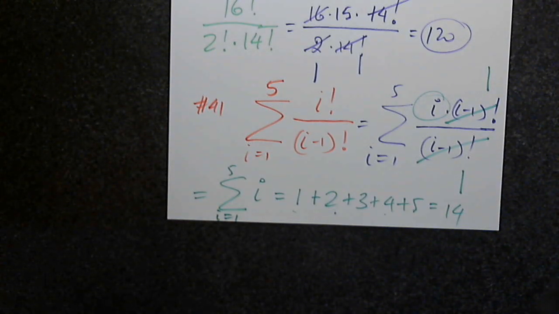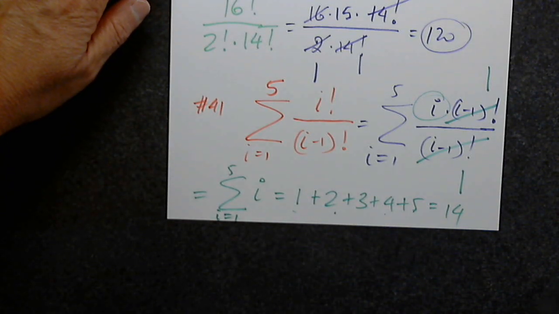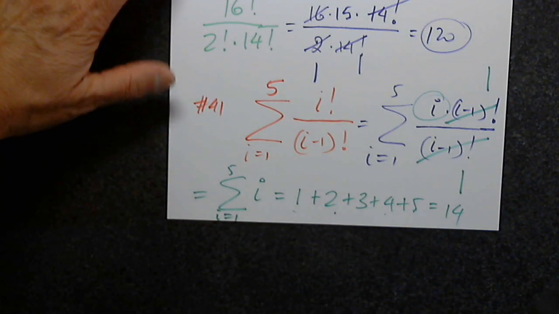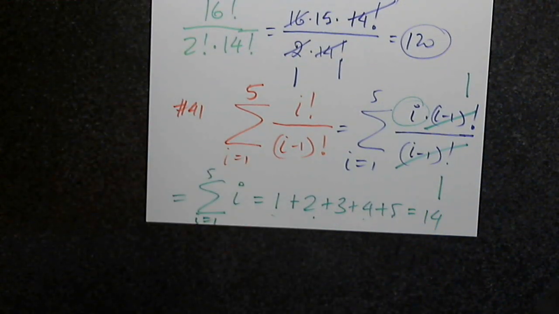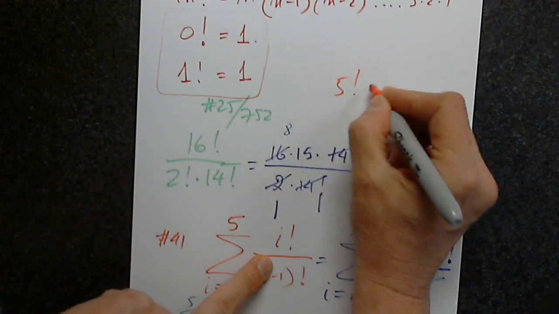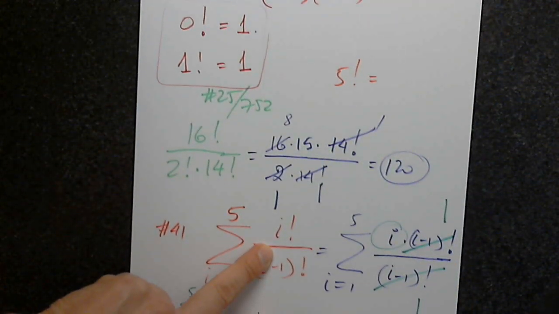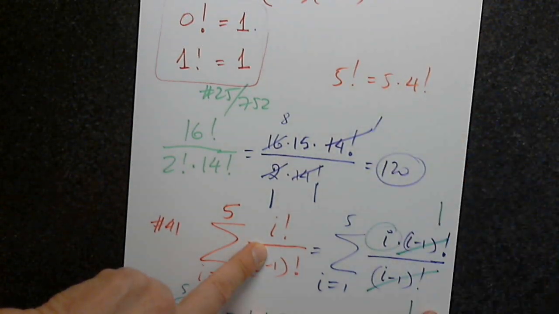Yes, Priscilla? I still don't get why you multiplied. Before you could cross the i minus 1, you had to multiply something. If I have 5 factorial instead of i factorial, how do I write it? Don't I write it as 5 times 4 factorial?